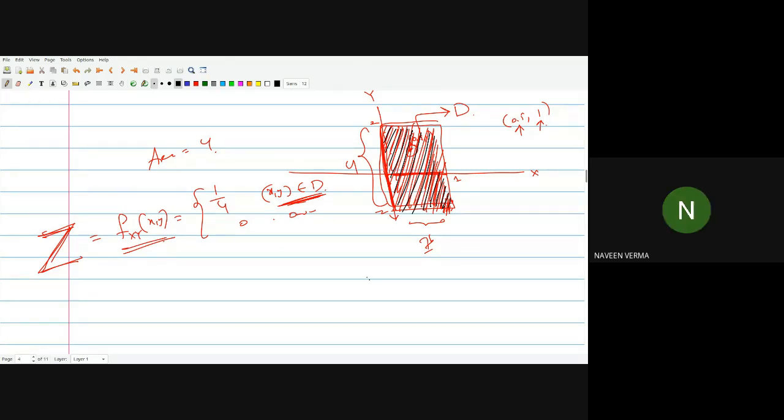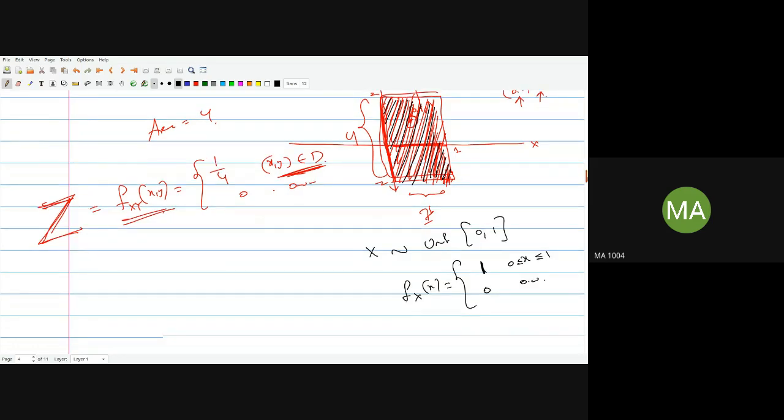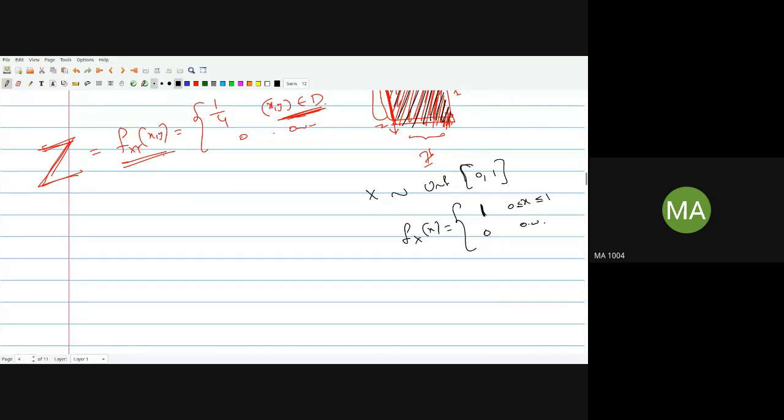In the one variable case, if x is uniform from 0 to 1, what will be our fx of x? It will be 1 by the length of this, which is 1, right? This is continuous, with square brackets. Let's make it uniform 1 to 3.